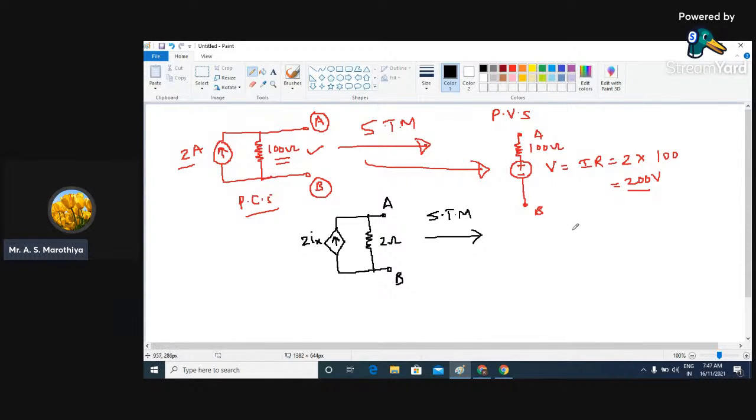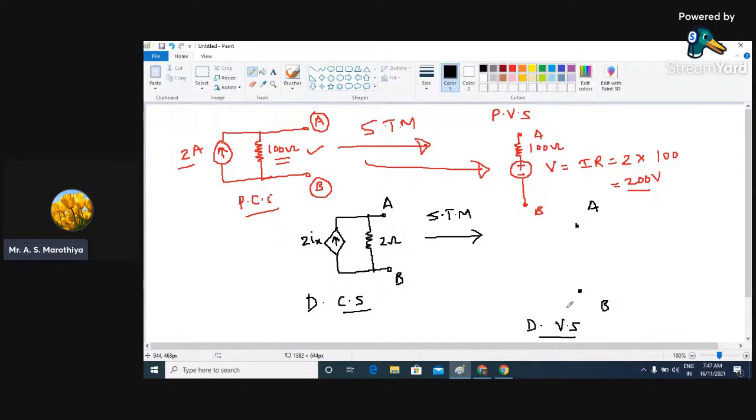Again, first we need to indicate the two terminals. This is going to be A and this is going to be B, and because now in this case we are going to convert this dependent current source into a kind of dependent voltage source.